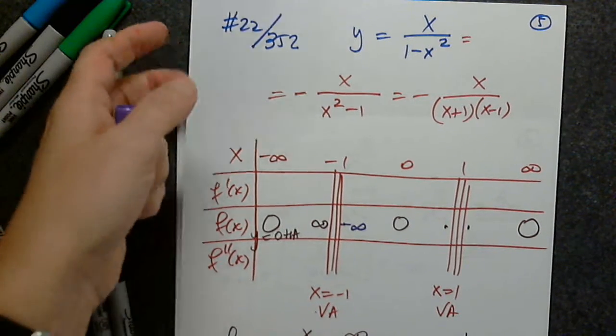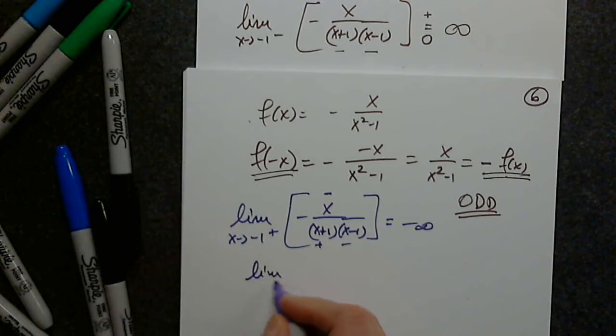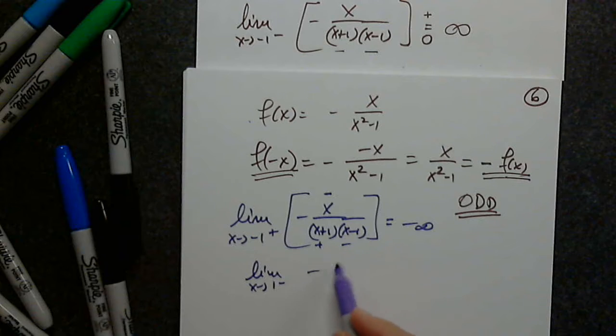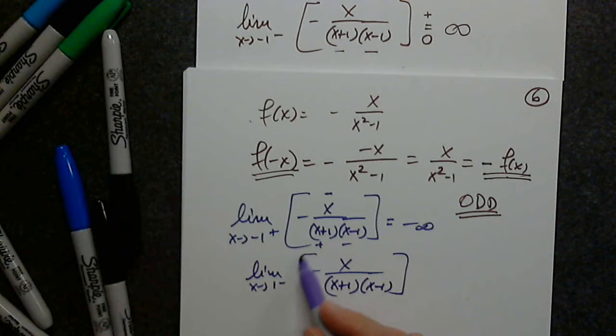But let's check. So from the left of 1: the limit as x approaches 1 from the left of negative x over x plus 1, x minus 1. The top is negative, the bottom is 0. So this must be an infinity. We don't know which one.